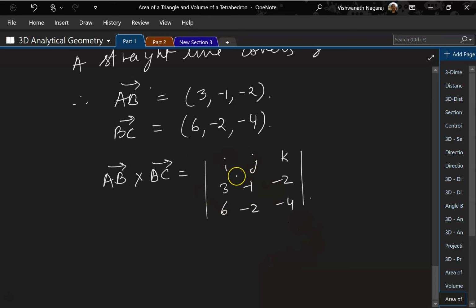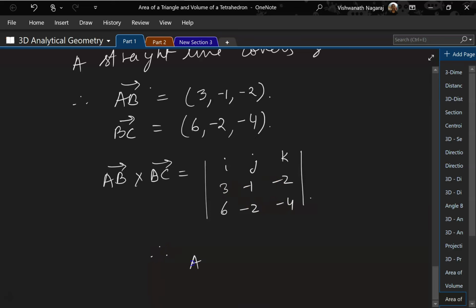Now whenever you are evaluating determinants, if you remember the properties of determinants, then you would know that if one of the rows is a multiple of another row, then the determinant is 0. Yes. So here, if you look at it, 3 times 2 is 6, minus 1 times 2 is minus 2, minus 2 times 2 is minus 4. So third row is the multiple of the second row.